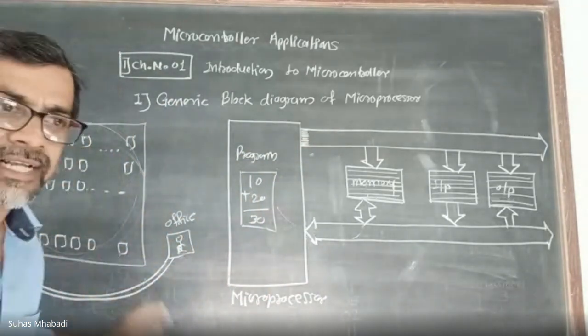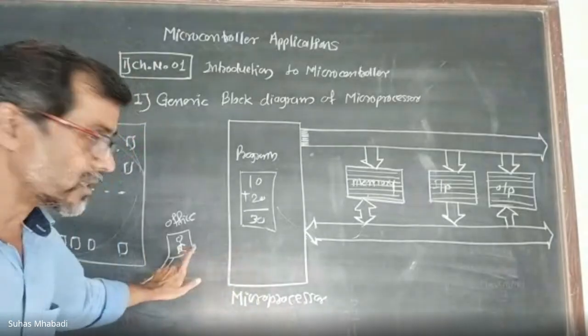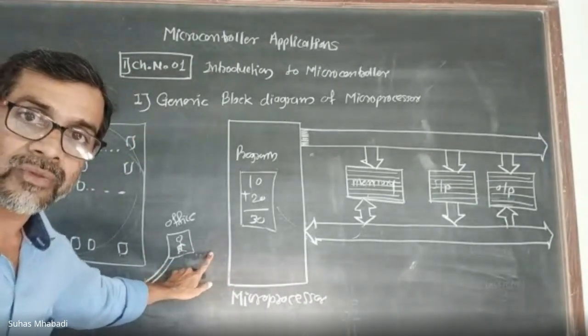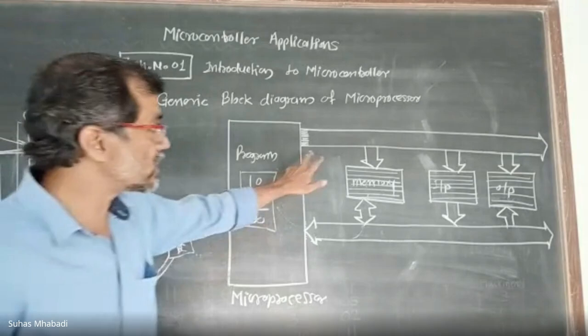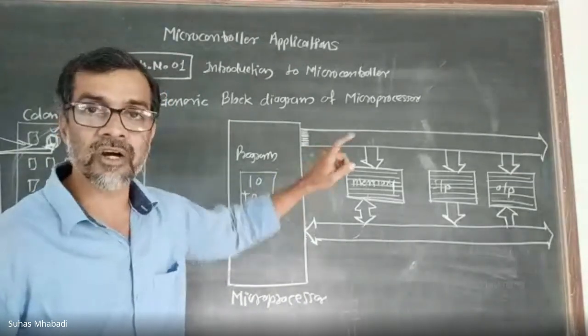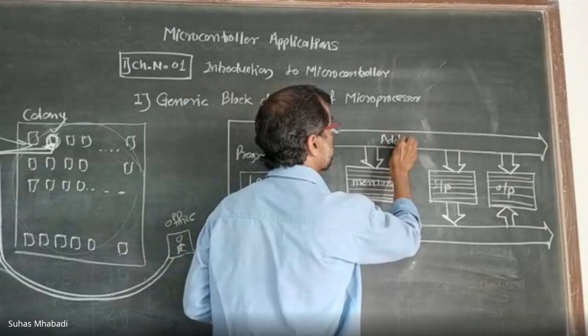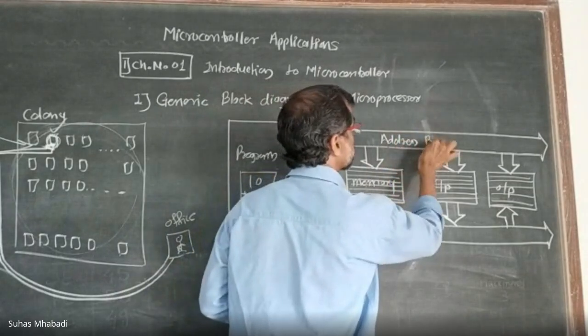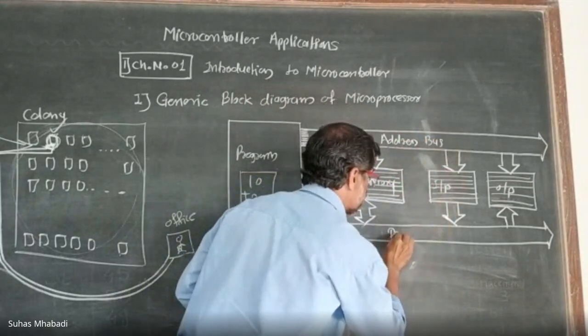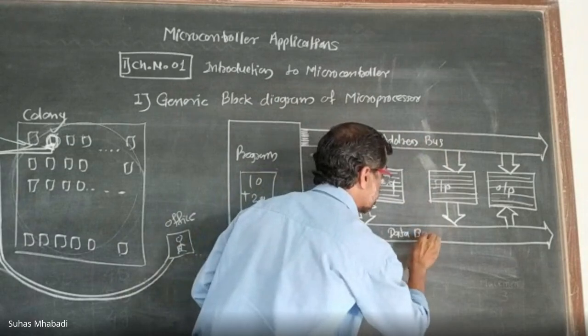Houses will not tell the address saying, come to my house. No. The office must have the address where we want to communicate. Similarly, this address bus must be one direction. So this is called the address bus and this is called the data bus.